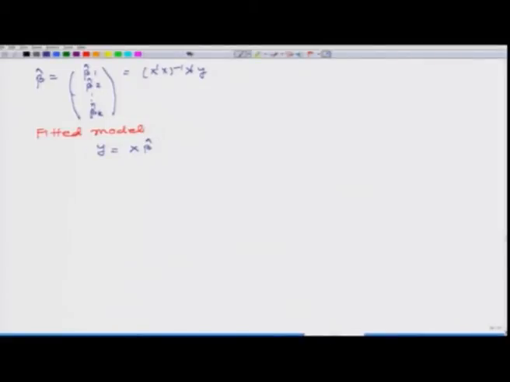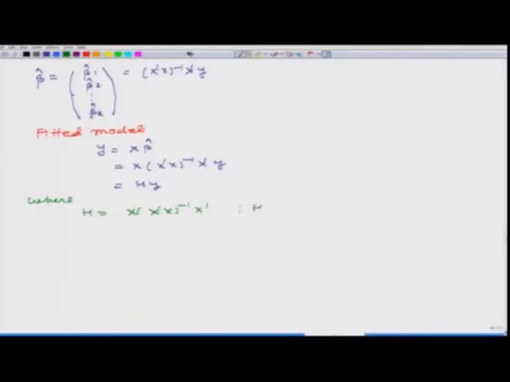This can further be written as X transpose X whole inverse X transpose y. We denote it by H y, where H is X transpose X whole inverse X transpose.